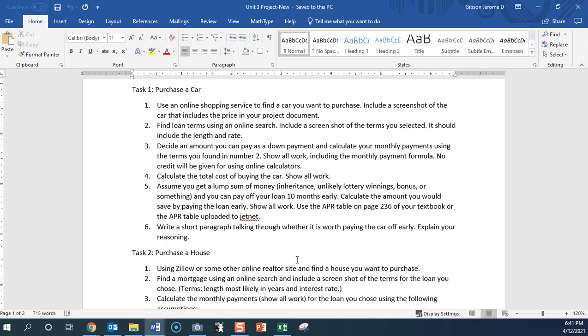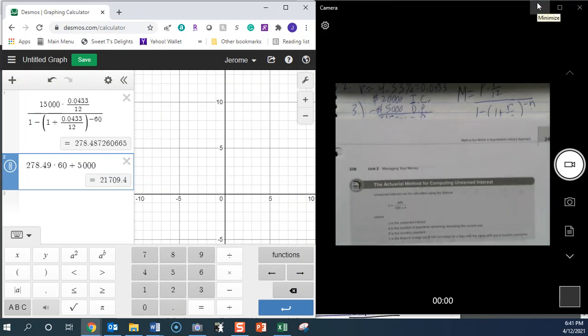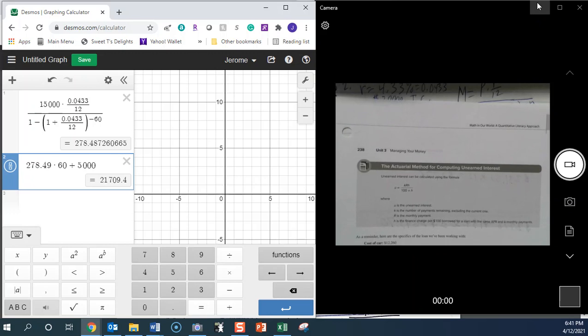Okay, listen. You could have done that, or there's one other thing that you could have done. First you could have contacted me, and I would have told you this here. You could have gone to page 238 in your textbook and used this formula here, the actuarial method for computing unearned interest. That's if your interest rate was not on the table.